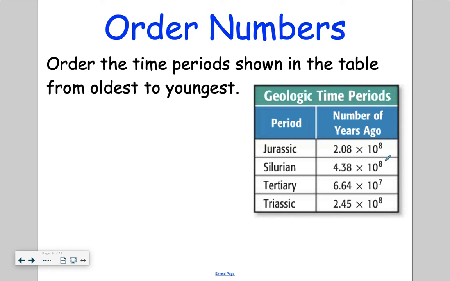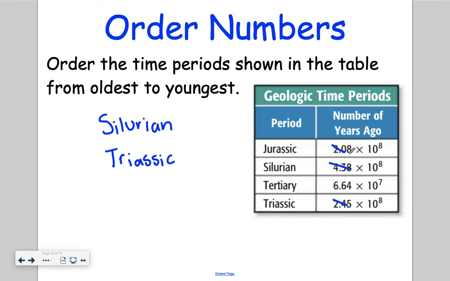Now, since we have 8, 8, and 8, that's when we start looking at the A values. So 2.08, 4.38, and 2.45. So the biggest number is 4.38, which means that our oldest geological period is going to be the Silurian period. Then we've got the Triassic period because that is our next biggest A value for the group that have an exponent of 8.